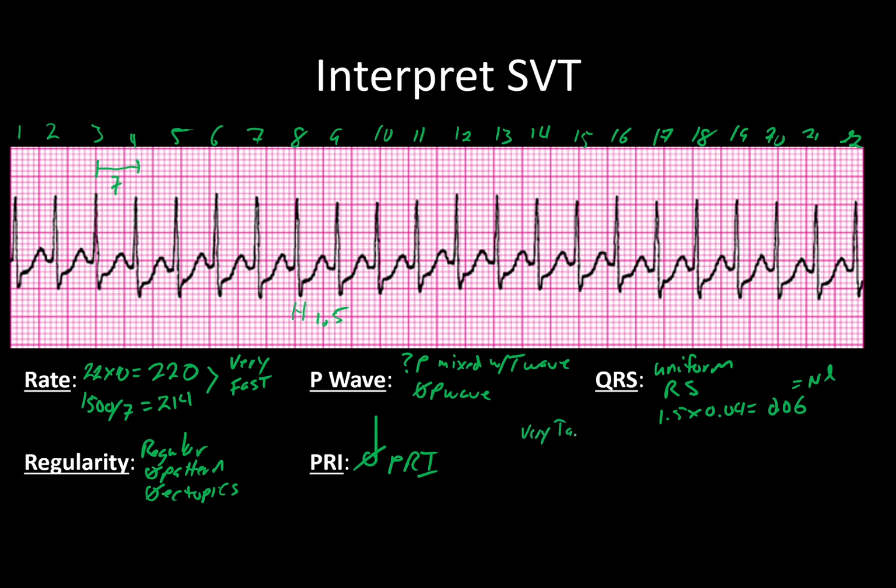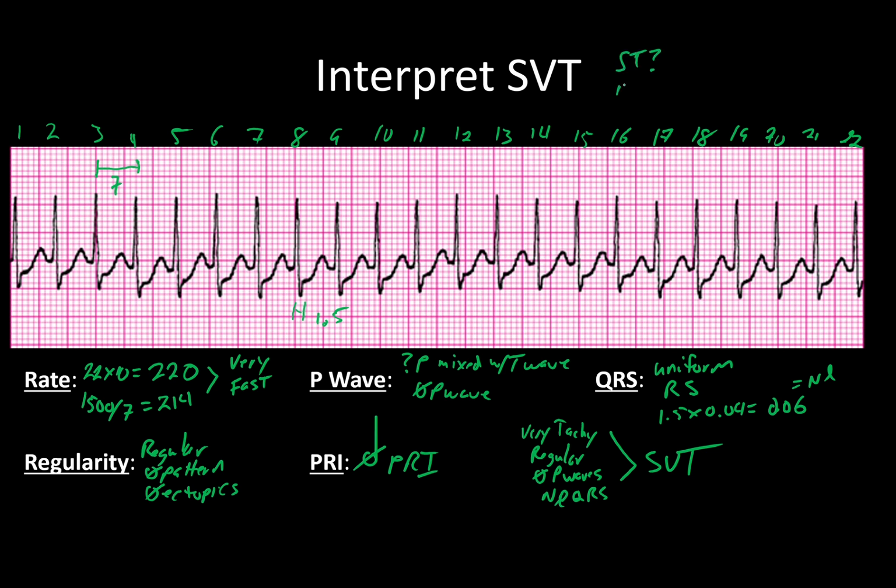So we have very tachy, we have regular, no P waves that we can see. We have a normal QRS. SVT is the best we can do. I can't prove that this is, is it sinus tach?